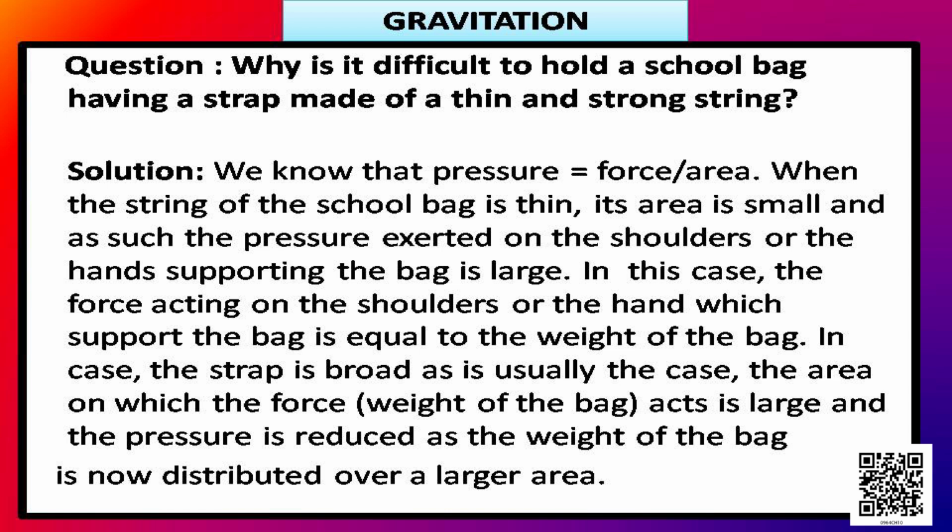In this case, the force acting on the shoulders or the hand which supports the bag is equal to the weight of the bag. In case the strap is broad, as is usually the case, the area on which the force or the weight of the bag acts is large and the pressure is reduced, as the weight of the bag is now distributed over a larger area. Okay, hope you have understood this.